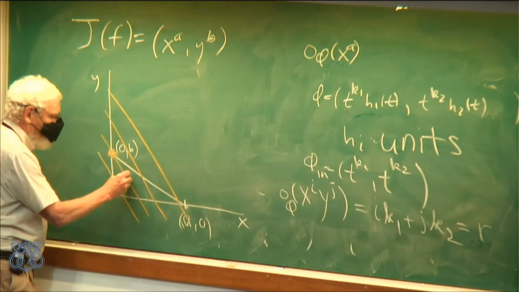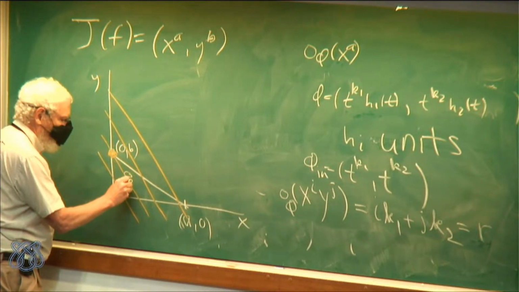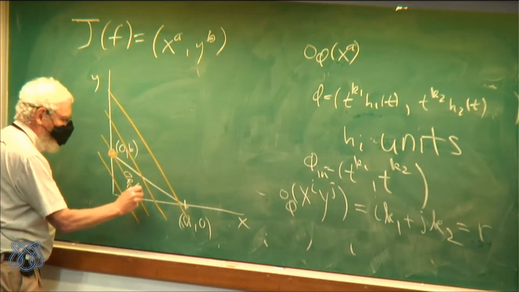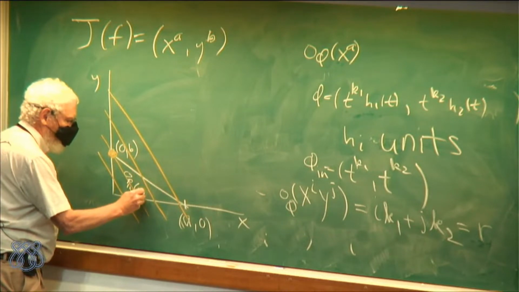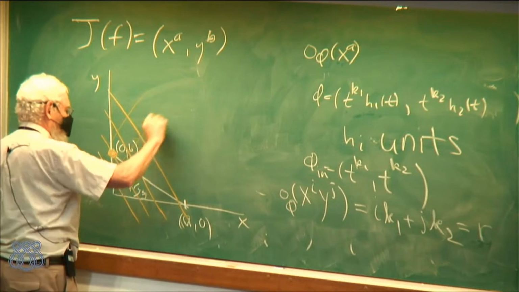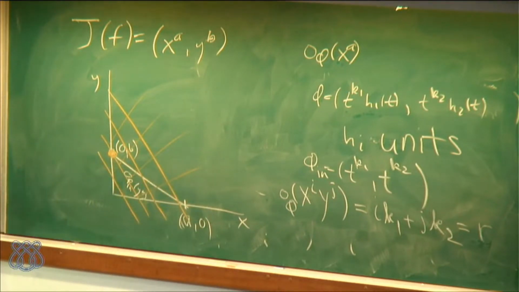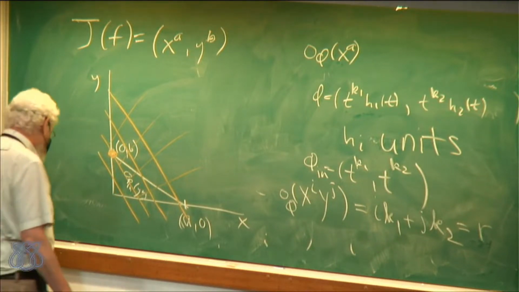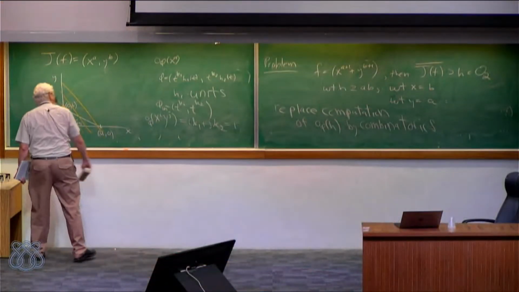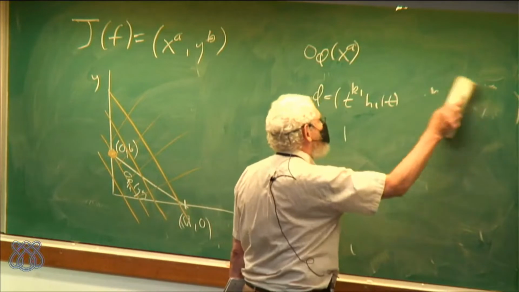This value is actually going to be the order of phi initial on y^b. So all these points up here will all have order greater than or equal to the order of y^b on this curve. Now the other possibilities, I think you can see.